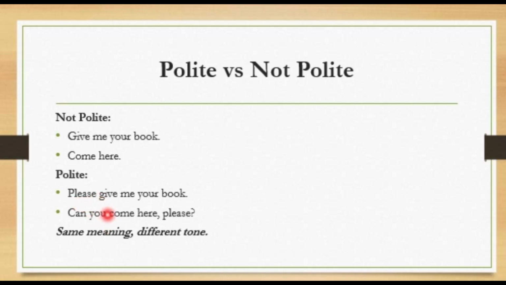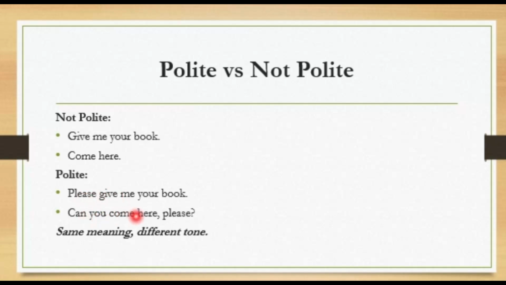But the second one, you can think about the tone and words. These two sentences are more polite than the first two sentences, but they have the same meaning. Please give me your book. The first one is like a command or an order, asking someone to do something. So give me your book. But this one, please give me your book, is more polite.